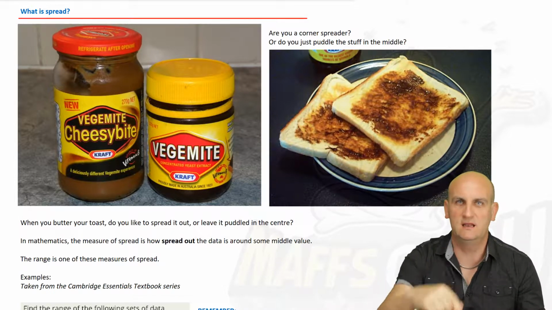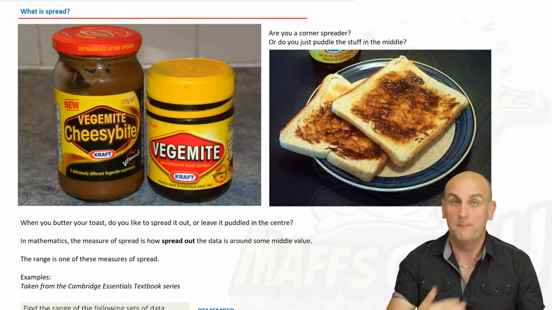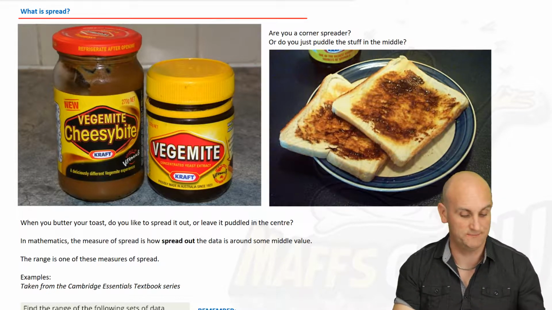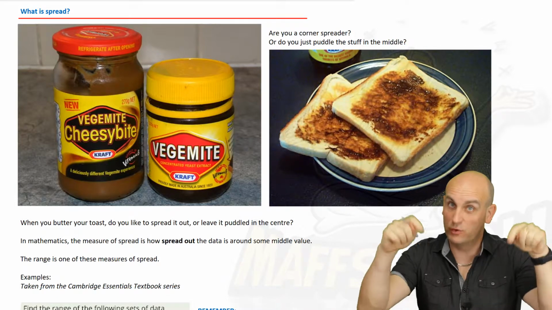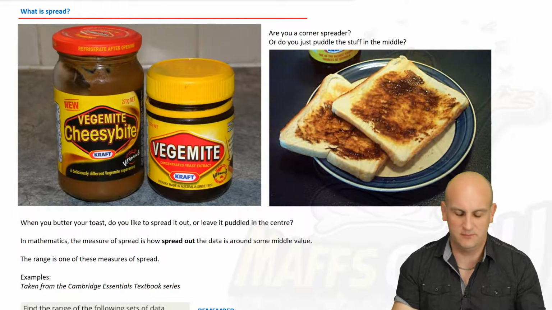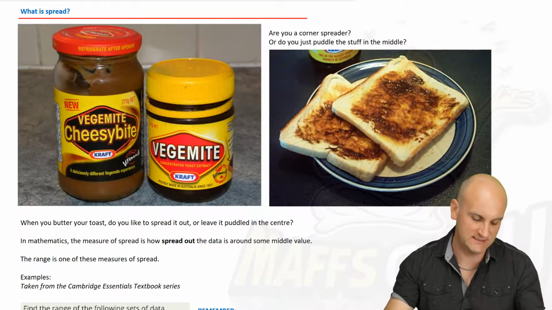Or do you just puddle it in the middle and leave it there? Me, if it's Vegemite, I literally just tap it to the centre and then spit it out because I don't want it. Thoughts on Vegemite? You either love it or loathe it. It'd be fascinating to see how many people love it. I'm pretty sure my comment section will be empty because no one loves Vegemite. And if you do, you want to get your taste buds checked.